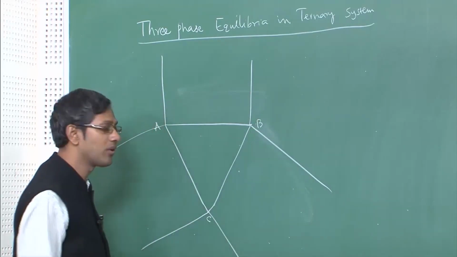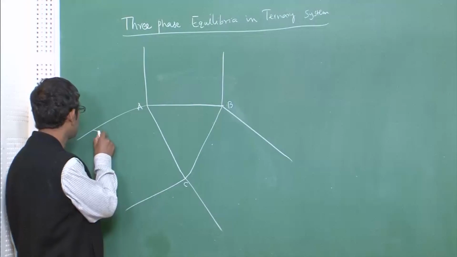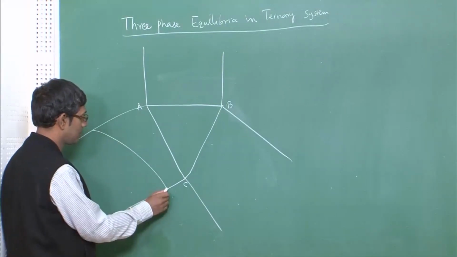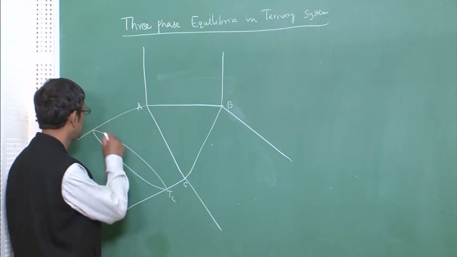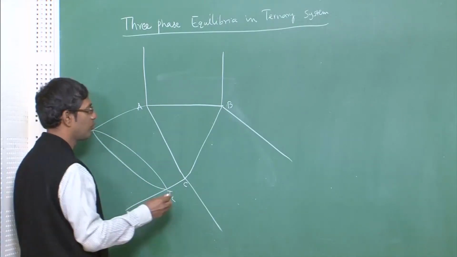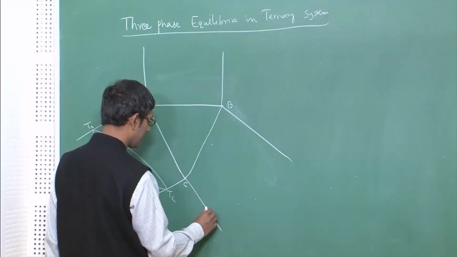As I said, one of the binaries will have isomorphous, the other two binaries will have eutectic.